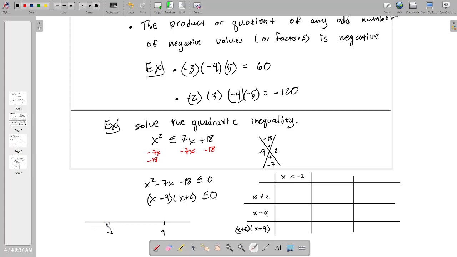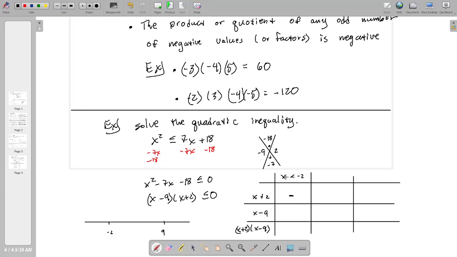You can pick a value that's within this region and use it as a test point. So let's pick -3 because -3 is less than -2, but it's close enough and small enough that we can use it very nicely. So if x is -3, we get -3 plus 2, which is negative. So we get a negative value. Whenever x is to the left of -2, x plus 2 will give us a negative value.